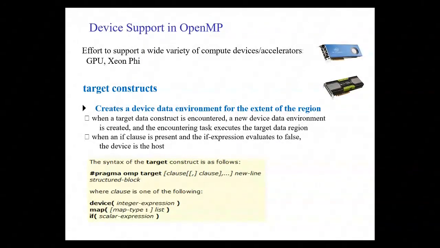And then we can introduce the device model in OpenMP. This is basically an effort to support a wide variety of computing devices. Accelerators these days are very popular, very hot, like NVIDIA's GPU or Intel's Xeon Phi.